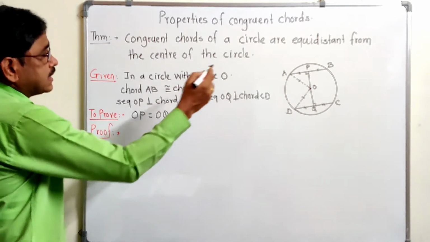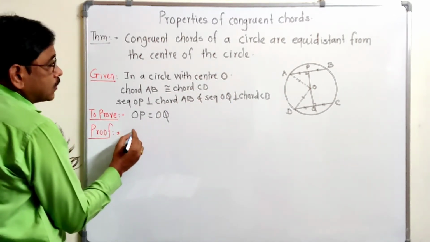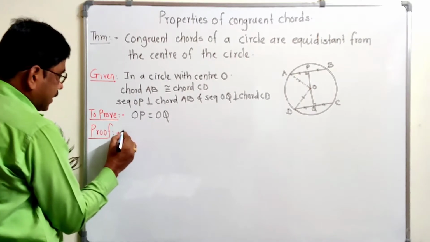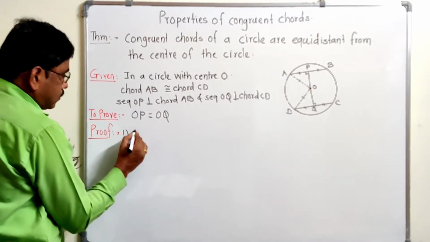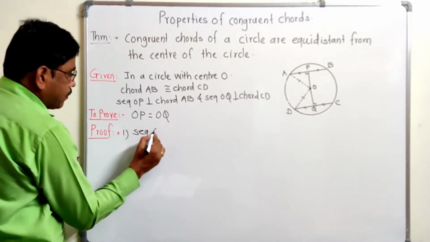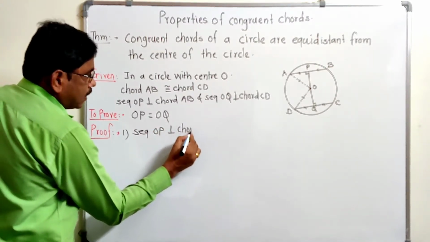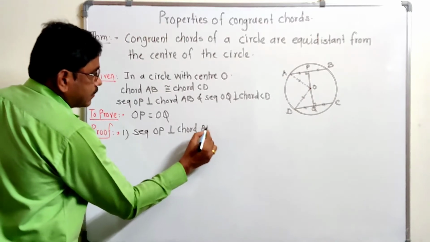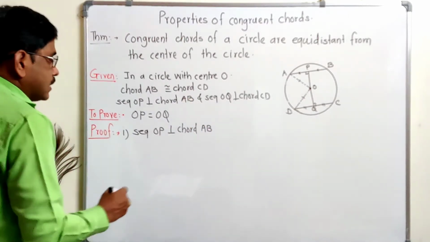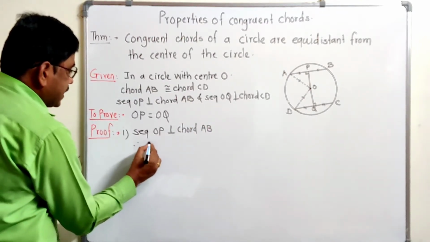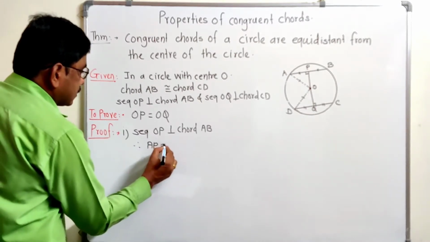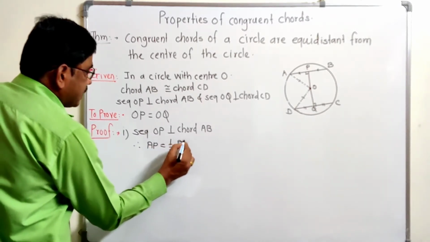Here if we consider these triangles, so here first point is segment OP perpendicular chord AB, and therefore this AP equals half AB.